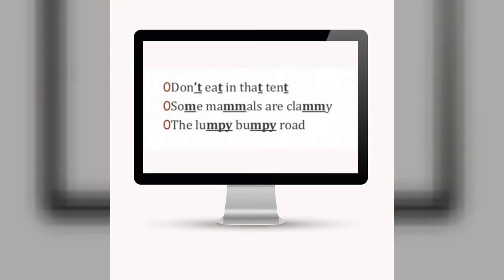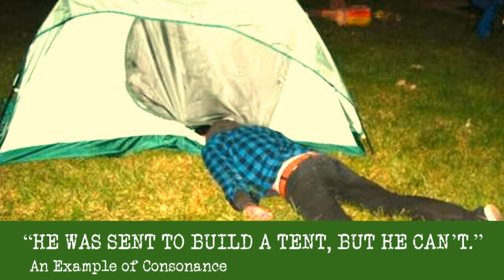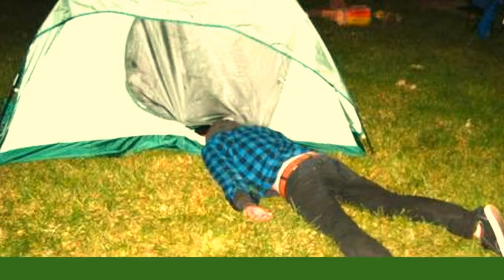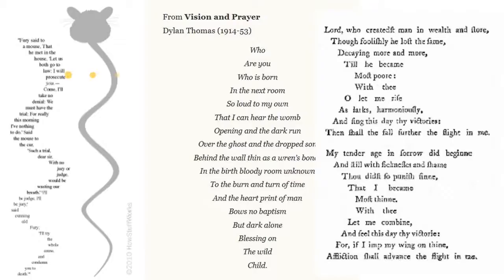It differs from consonance because consonance refers to the repetition of the same consonant sound, not vowels. An example of consonance is he was sent to build a tent, but he can't. The consonant sound N or end is repeated. Both of these differ from alliteration because alliteration refers specifically to the beginning sound of a word, while assonance and consonance can take place anywhere in the word.